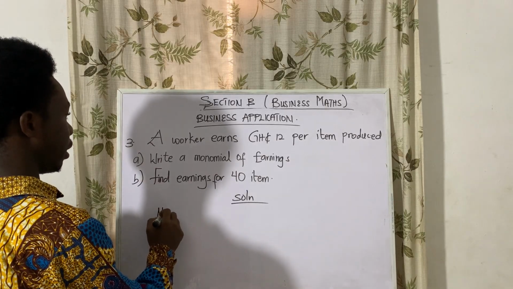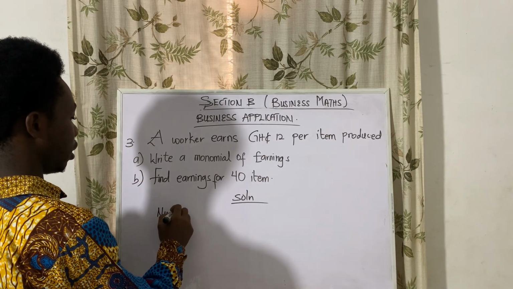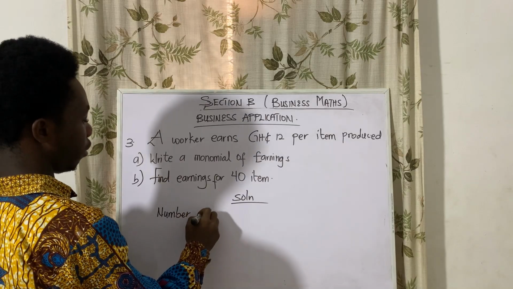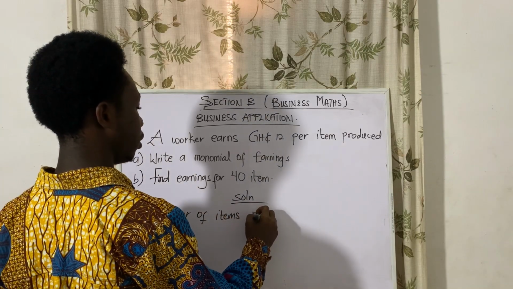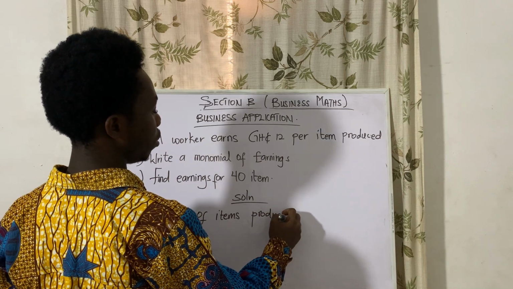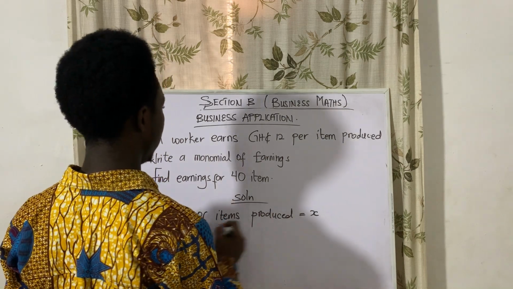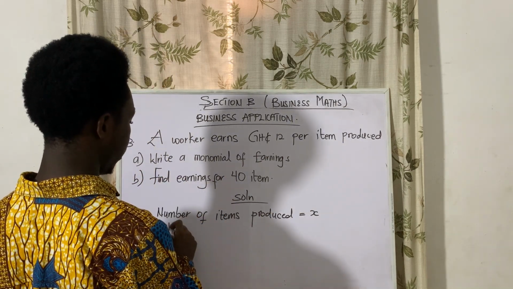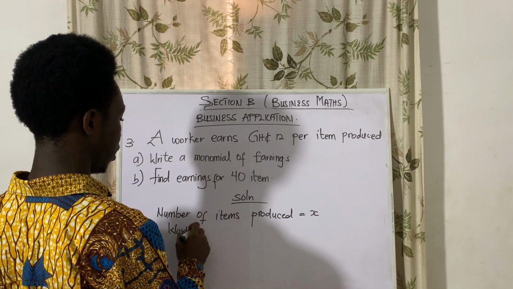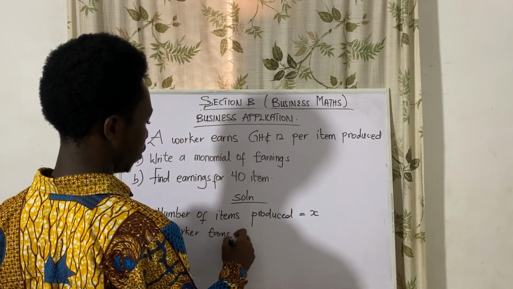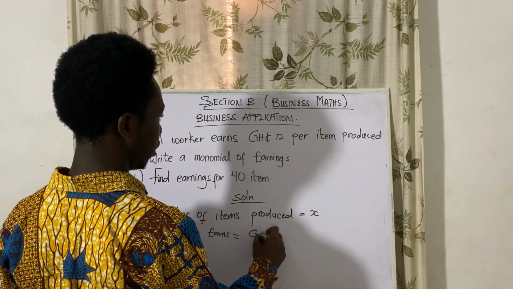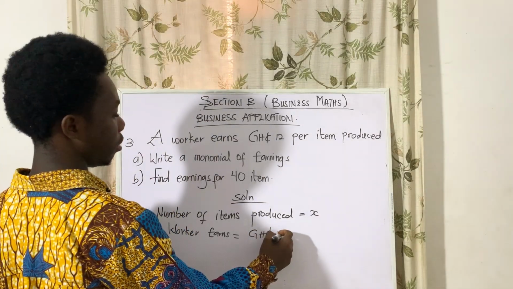So the number of items produced is equal to x. Then the worker earns 12 Ghana cedi per item, right?